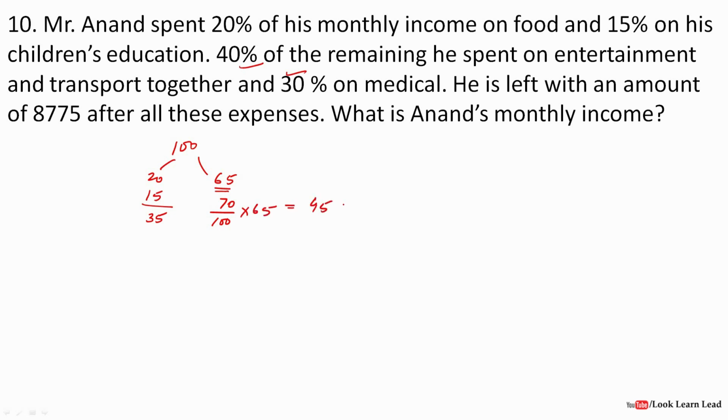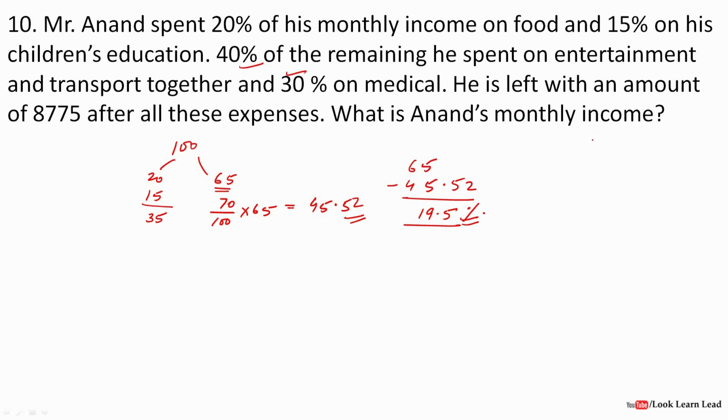You will get 45.5. So how much is remaining? 65 minus 45.5 is remaining. So when we subtract it, you will get 19.5. Okay, 19.5% is left with him.